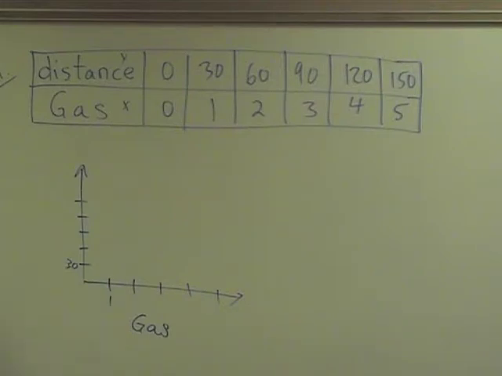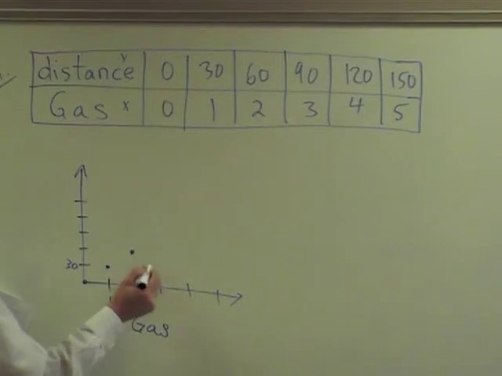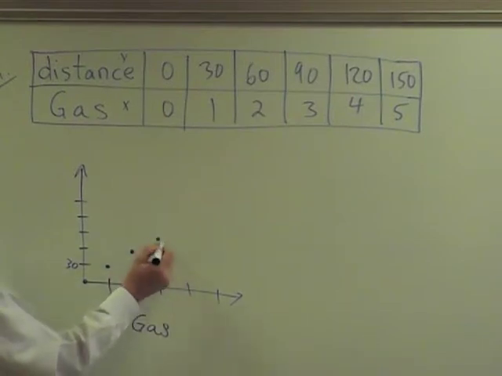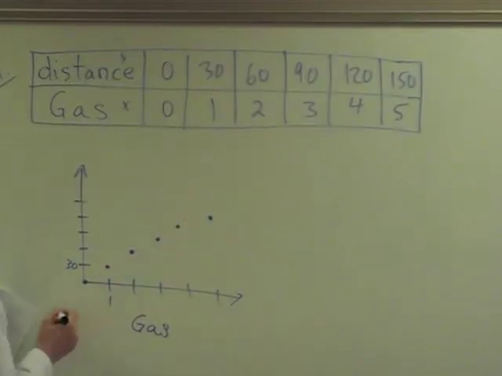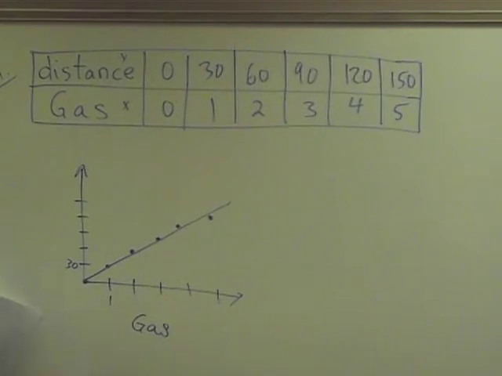That's a scatter plot. 0, 0, 1, 30, 2, 60, 3, 90, 4, 120, and 5, 150.